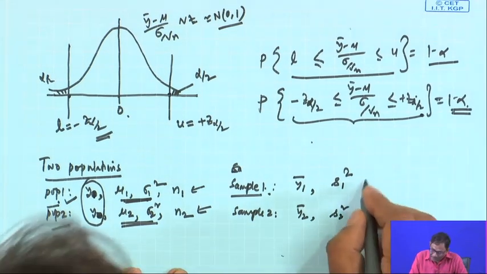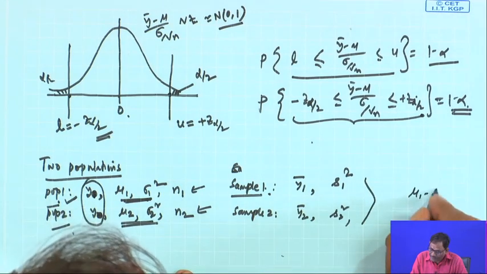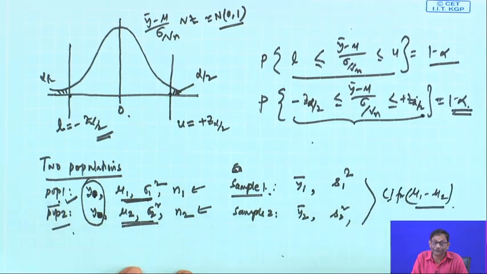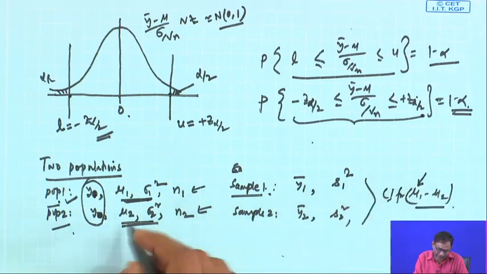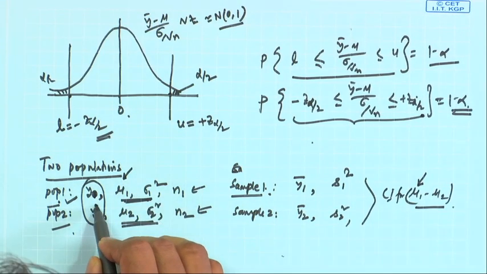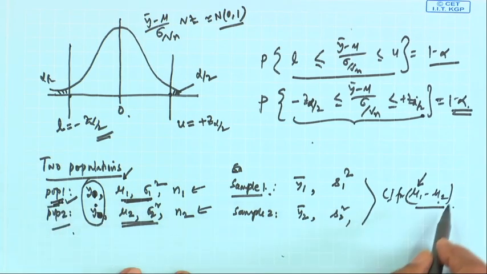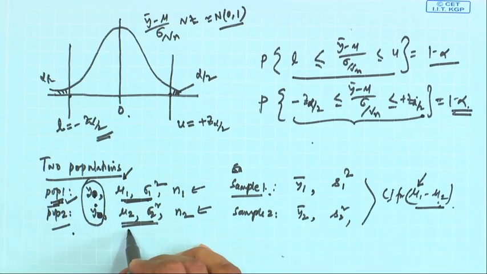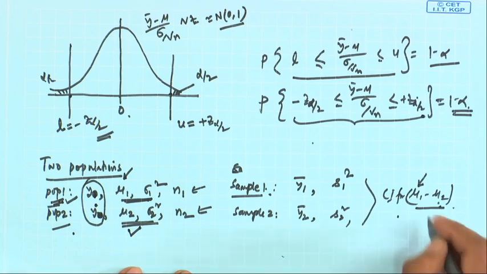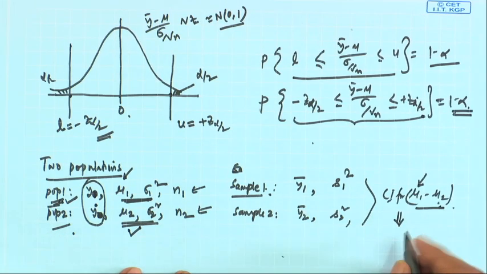So, what is our objective here? We want to find the confidence interval for mu 1 minus mu 2. Mu 1 is the population mean for the variable of interest y from population 1, and mu 2 is for population 2. What is then the sample equivalent?